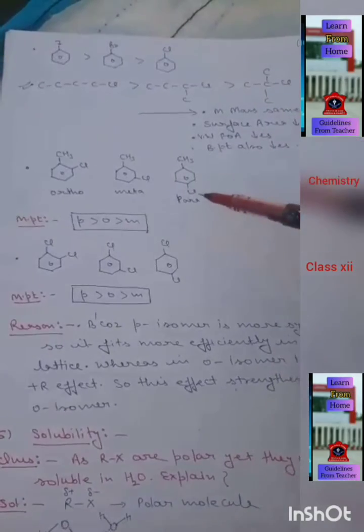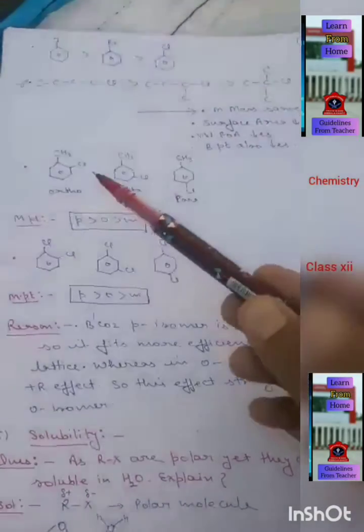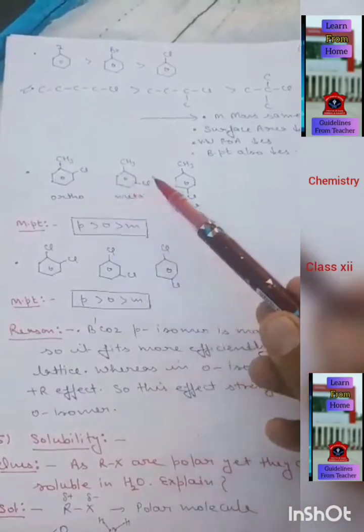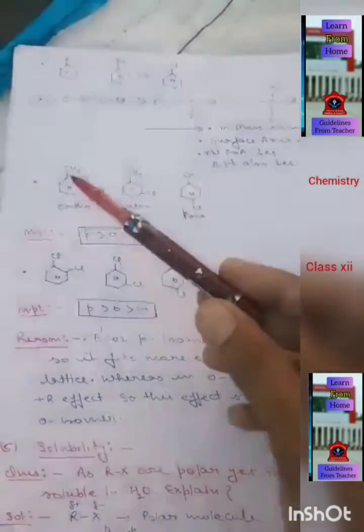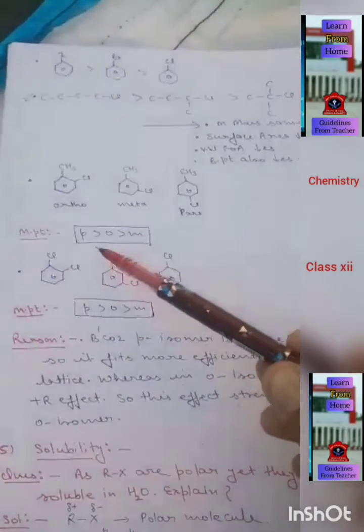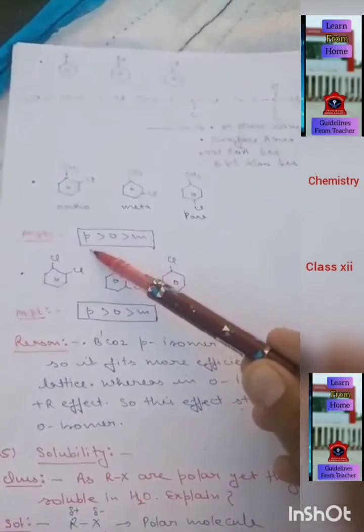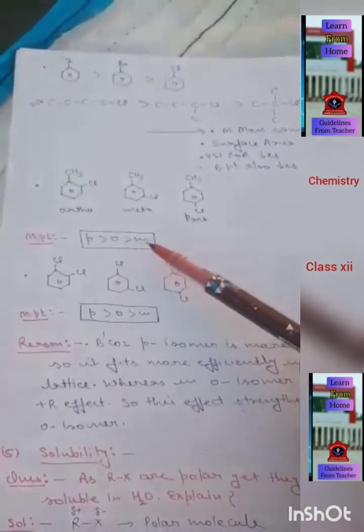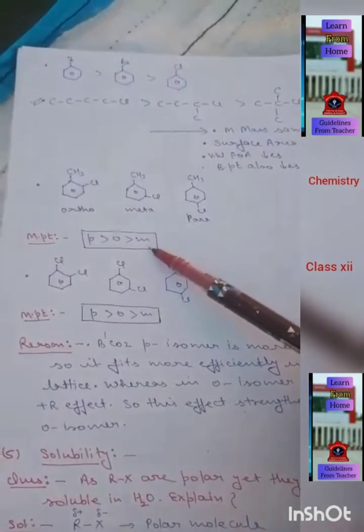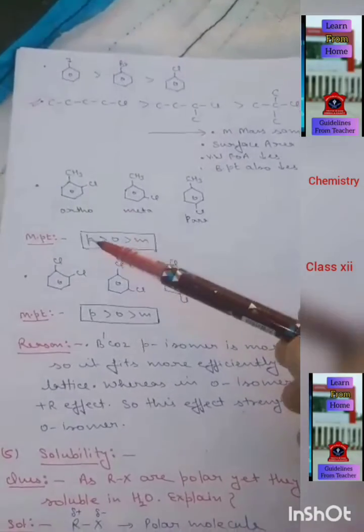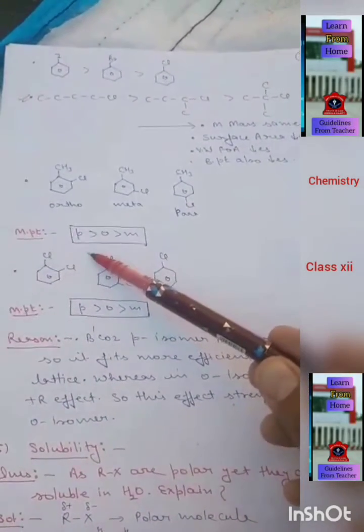Next, this is orthochlorotoluene. This is metachlorotoluene. This is parachlorotoluene. These three are also isomers having the same molecular mass but different melting points. Here para has a higher melting point than ortho and then meta compound, because as I told you, the para compound is symmetrical in nature, that's why it has a higher melting point.